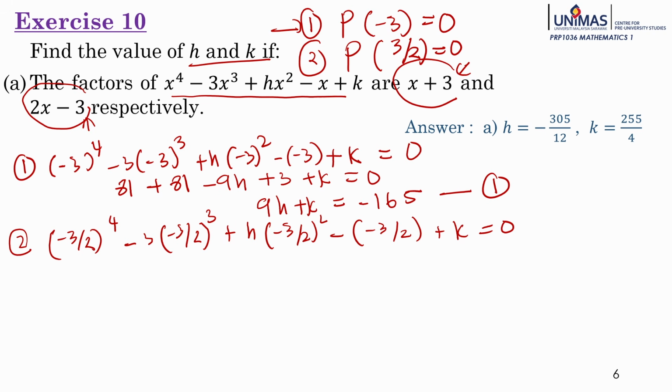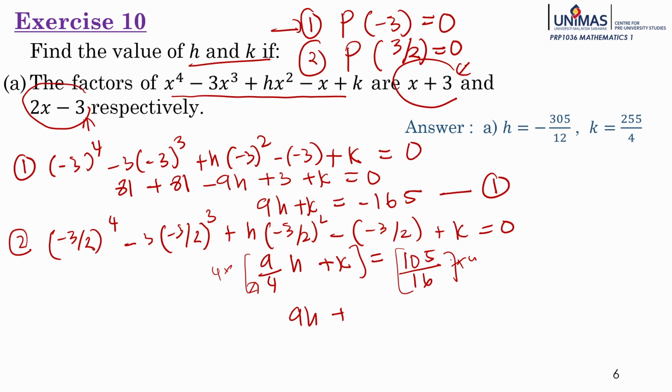What you got here is actually 9 over 4 h plus k equals 105 over 16. Then I simplify this one. That means both sides we have to multiply by 4, right? So we can get 9h plus 4k equals 105 over 4. So this is the second equation.